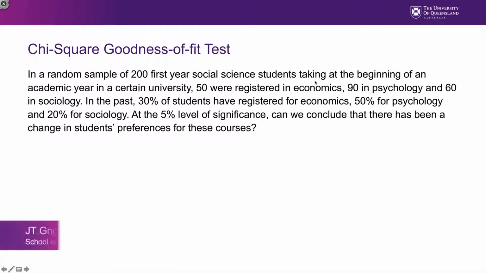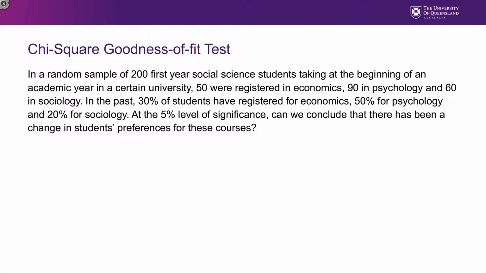Good morning, everyone. Today we'll be looking at the chi-square test, specifically the goodness of fit test. So over here we have a question. In a random sample of 200 first-year social science students taking at the beginning of an academic year in a certain university, 50 were registered in economics, 90 in psychology, and 60 in sociology.